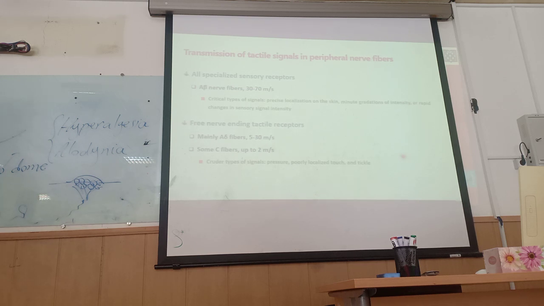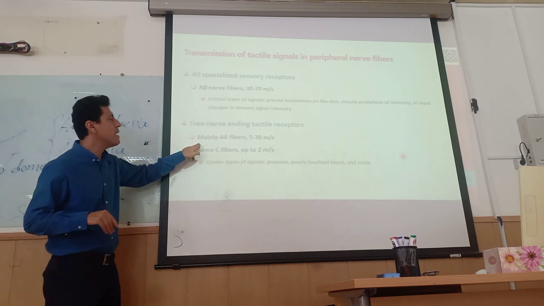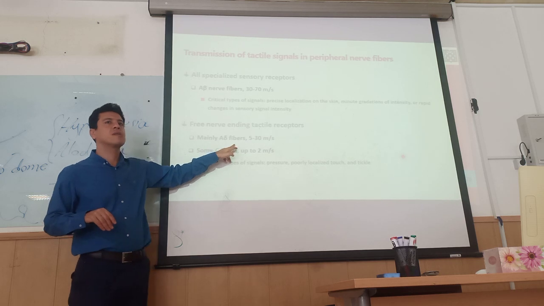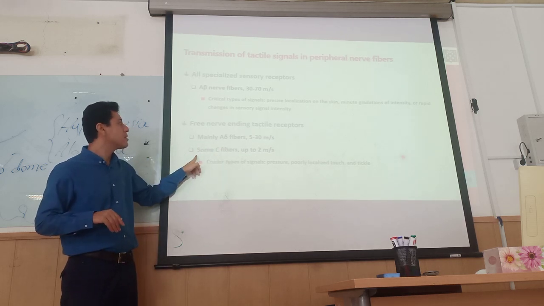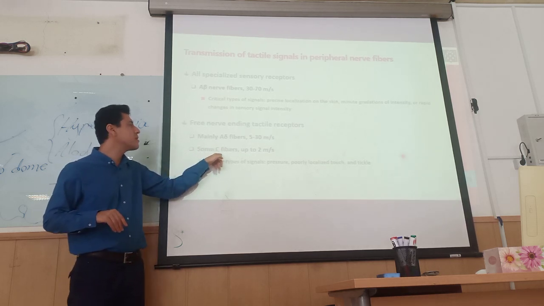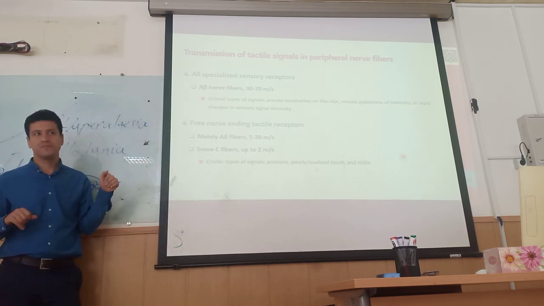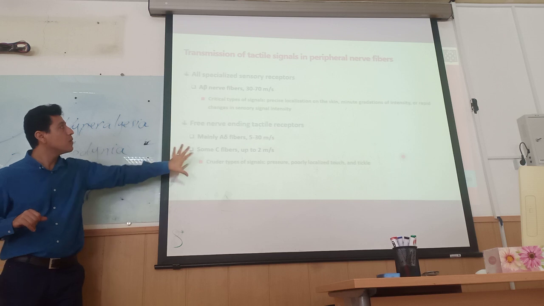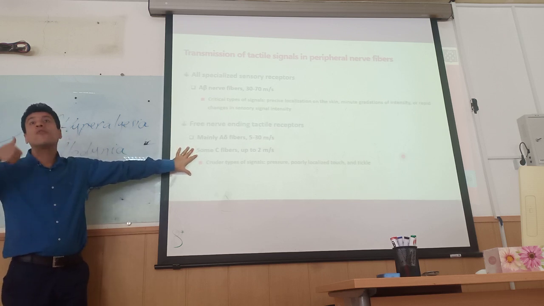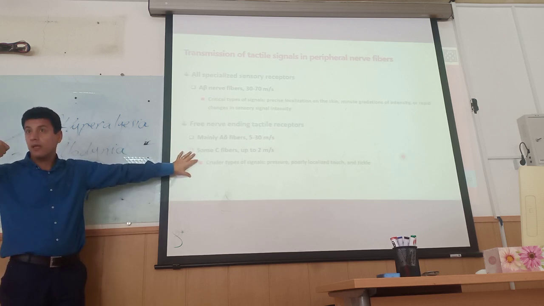But free nerve endings use mainly A delta fibers, and some of them use C fibers. Remember, we are talking about those receptors involved in touch, pressure, vibration.